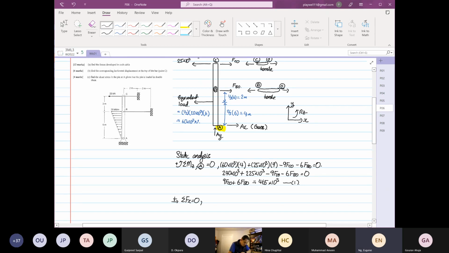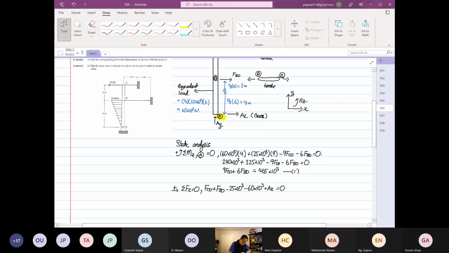So we have FCO plus FBO minus 25 times 10 to the power 3, minus 60 times 10 to the power 3, plus AX is equal to 0.